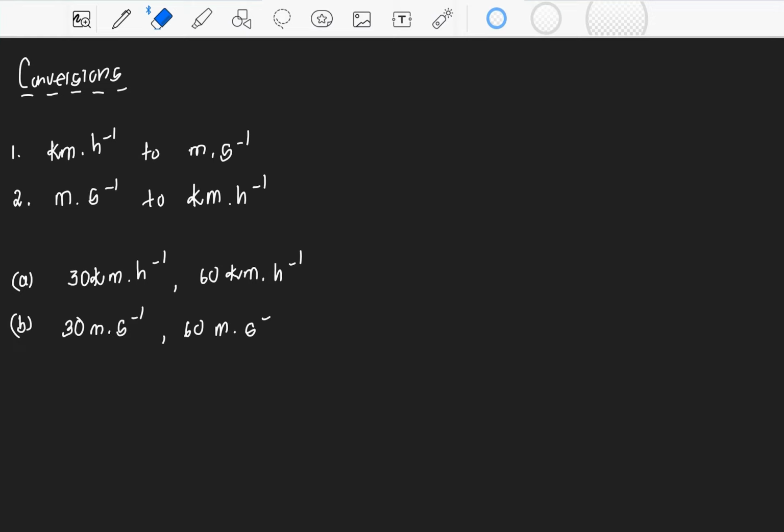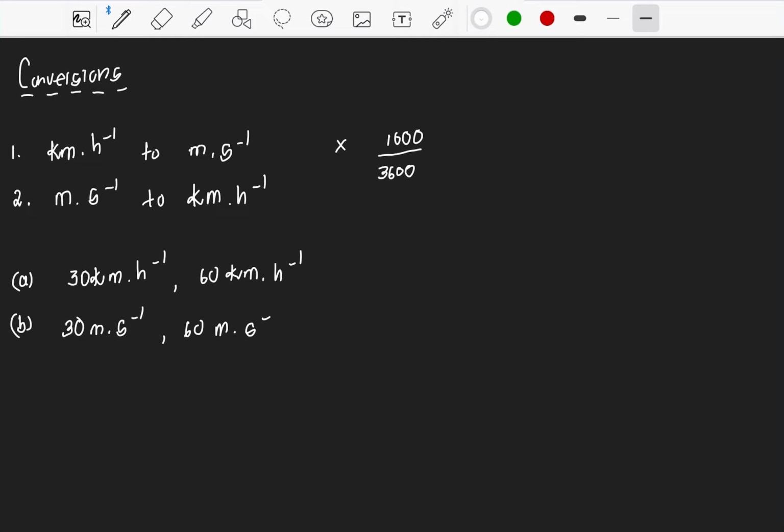So this is actually something that you need to keep in your mind always when it comes to conversions between these two. When we convert kilometers per hour to meters per second, you have to multiply what you are given by 1,000 over 3,600.